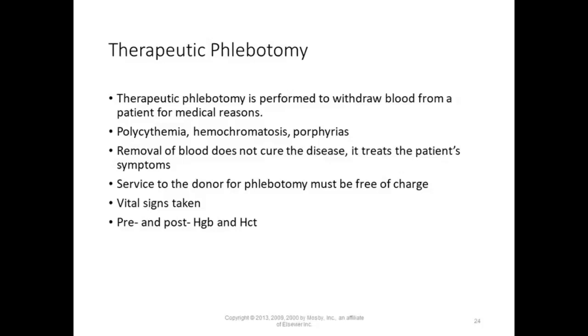So at Jennings, we would only do it on our inpatients, but we did have an employee, I'm not sure which diagnosis he had, but I think when he was first diagnosed, we didn't have any bags, because we don't collect donors, so we didn't have any bags to remove the blood. So what we did at that point was collect probably like 10 red top tubes, just kept drawing blood from them.